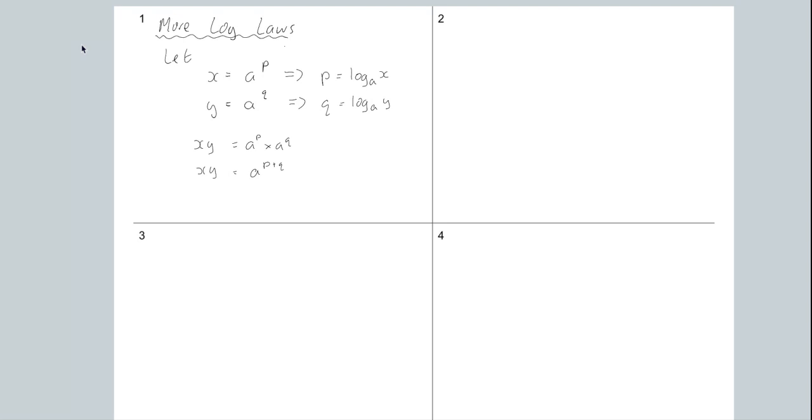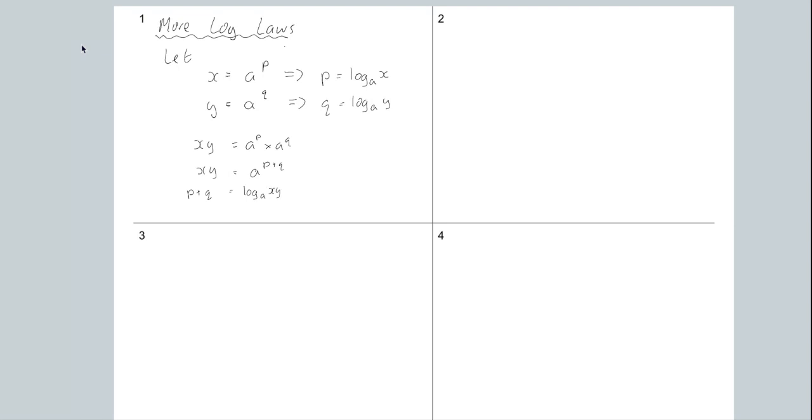Okay, let's see how you go. It would mean that we have p plus q, that's just a number, is equal to log base a of xy.